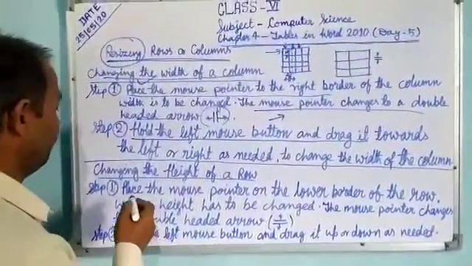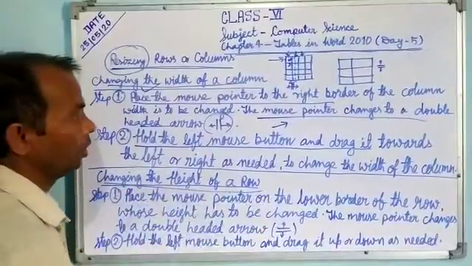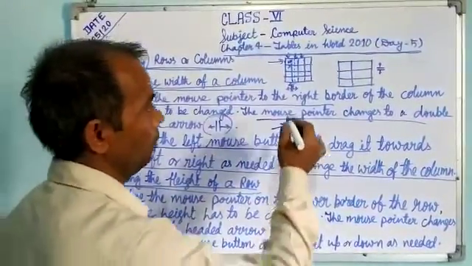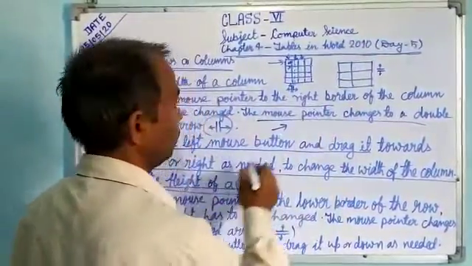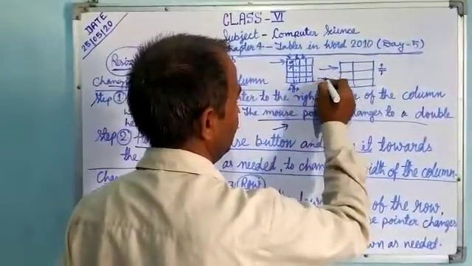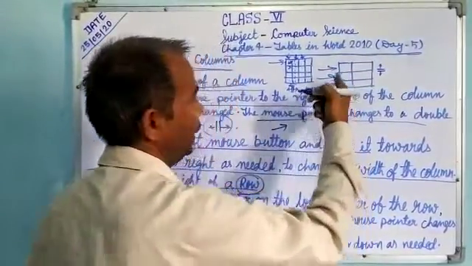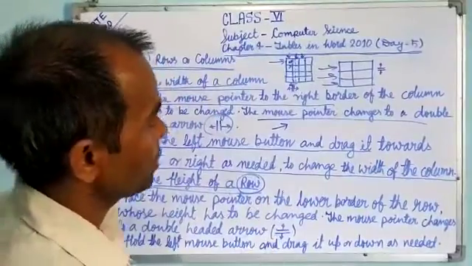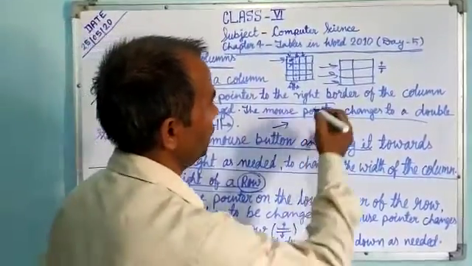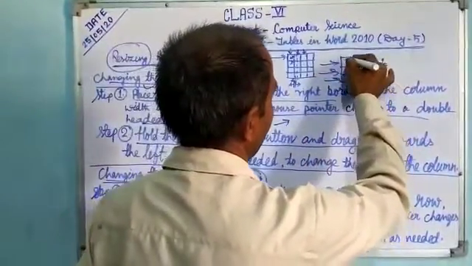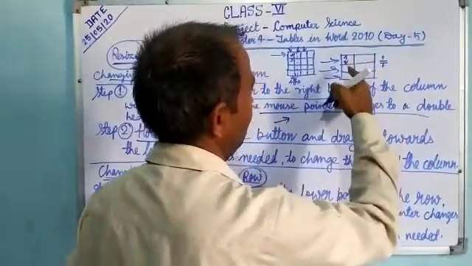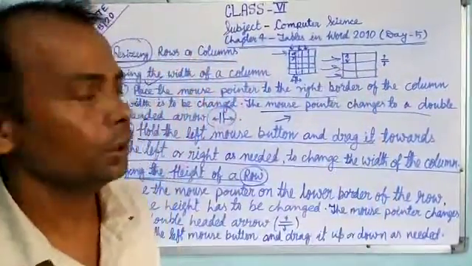Again, changing the height of the row. Horizontal, this is the row. Again we have facilities here, so we can increase the height. This is the height, and this height we can either increase or decrease.